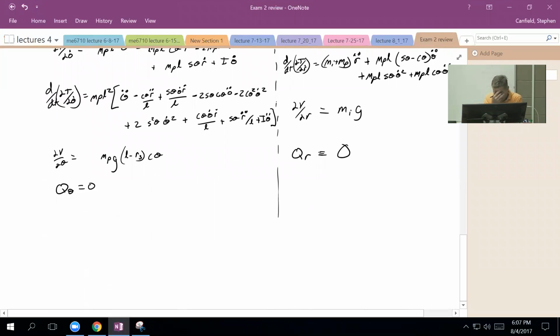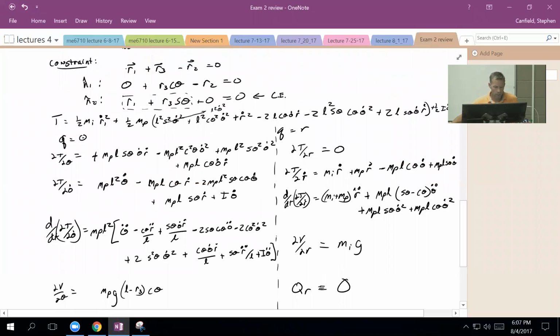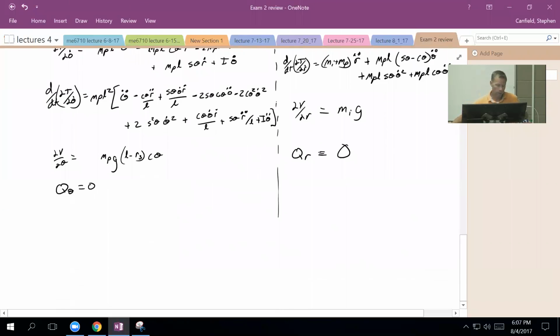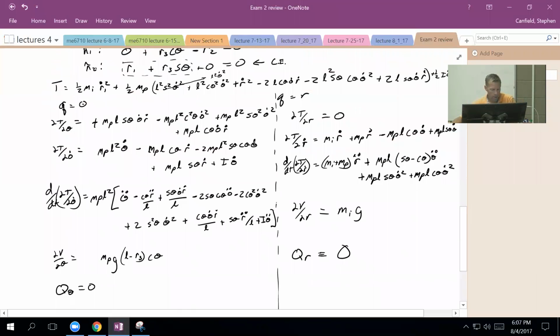Now I need the terms that get associated with my constraint. So my constraint was, let's rewrite the constraint. The constraint was R1 plus R3 sine theta. I need to write the constraint in differential form and actually variational form. I'll do that by taking the gradient with respect to my generalized coordinates.